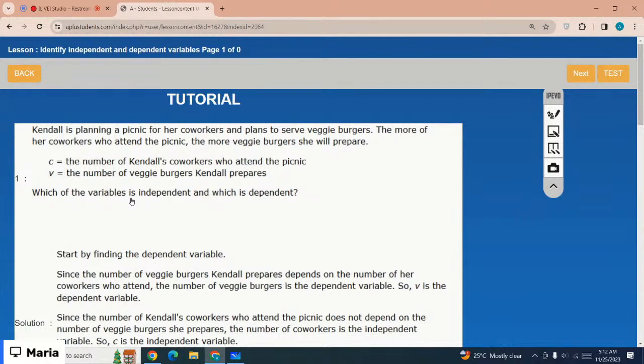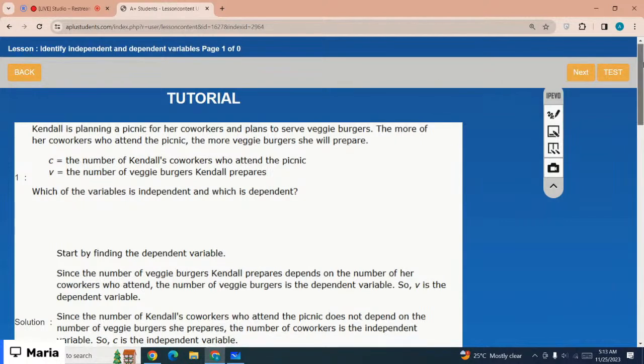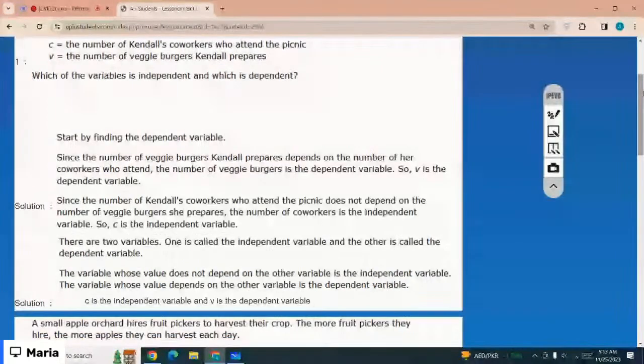So C is the independent variable, and V is the dependent variable. Why? Since the number of veggie burgers Kendall prepares depends on the number of her co-workers who attend. So V is the dependent variable and C is the independent variable.